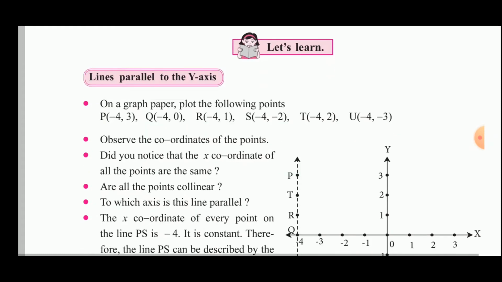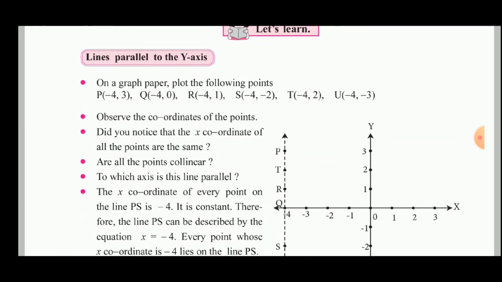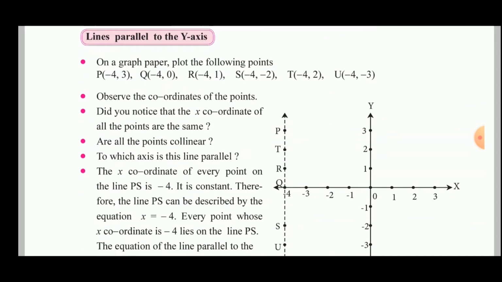Now next we will see the lines parallel to the y-axis. Now on the graph paper, plot the following points P, Q, R, S, T and U. Coordinates of these points, if you see, are (-4, 3), (-4, 0), (-4, 1), (-4, -2), (-4, 2), (-4, -3).